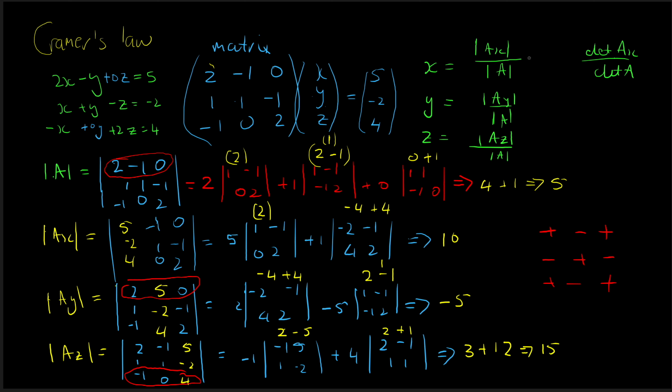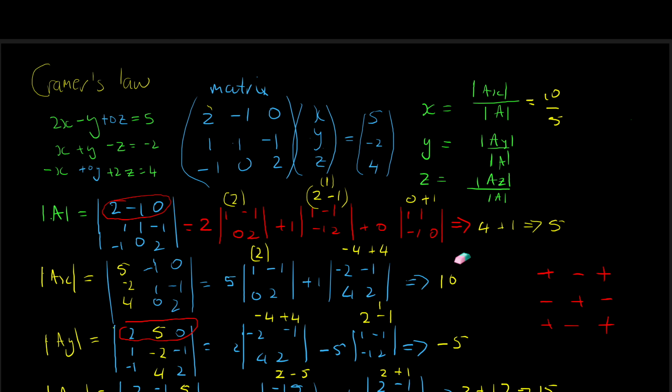So now we can solve the equations. X is going to be determinant of AX, which is 10, divided by determinant of A, which is 5. So 10 divided by 5, which is going to be 2.